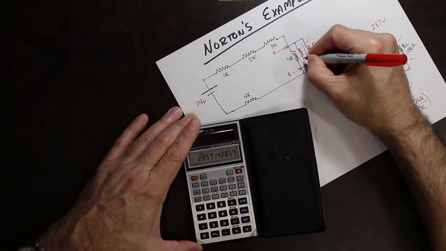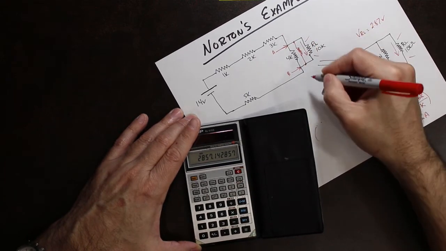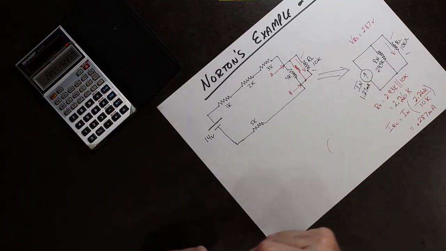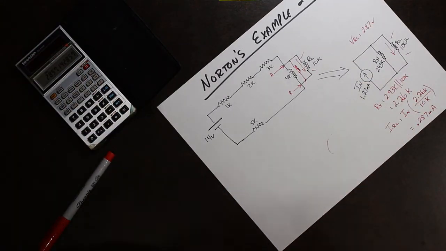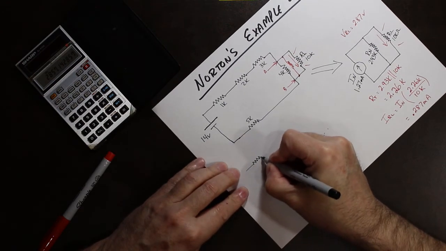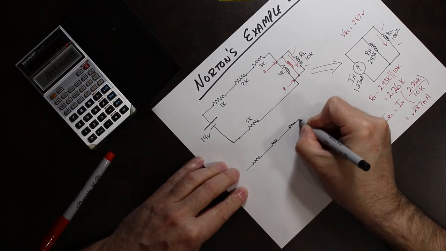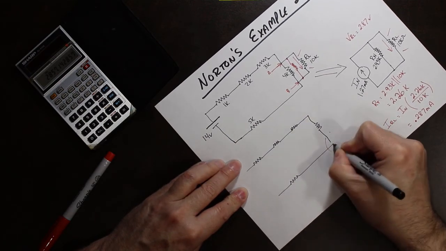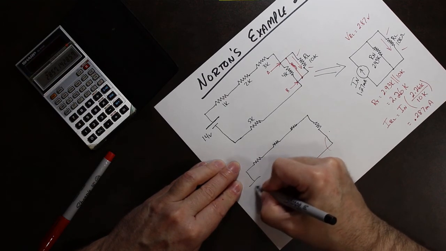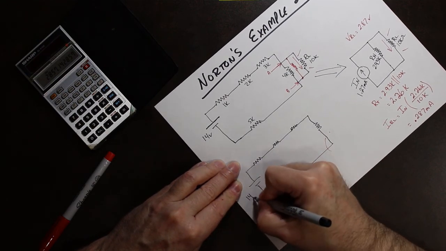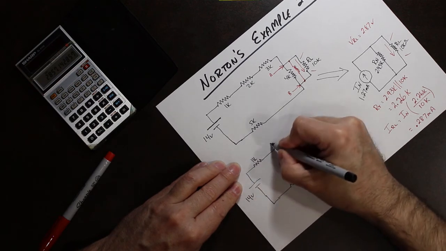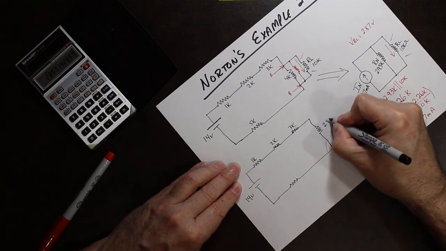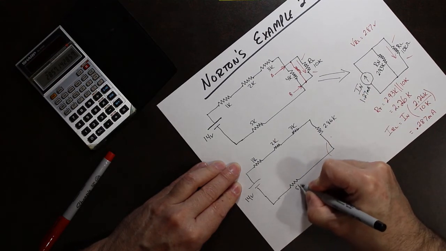So this resistor that's equivalent to those is actually 2.86K. Now we can redraw that circuit and swap in that value. So this is 14 volts, 1K, 2K, 3K. This now is 2.86K and this is 5K.